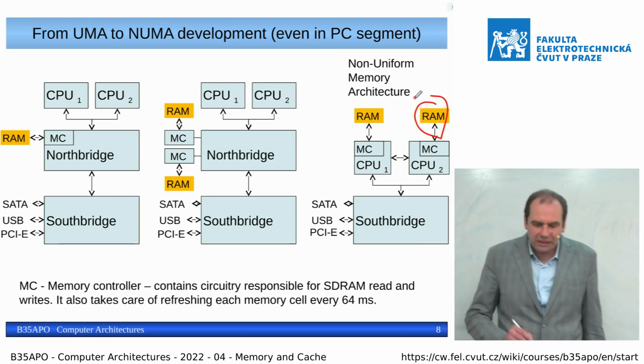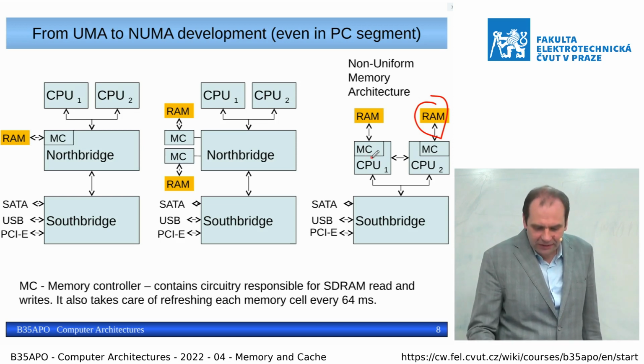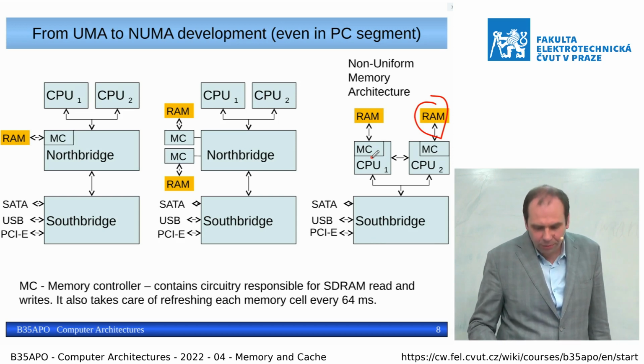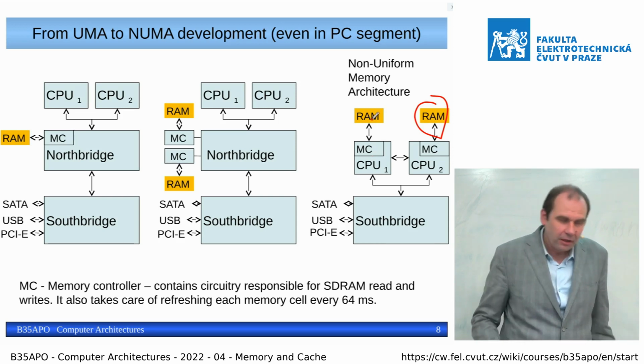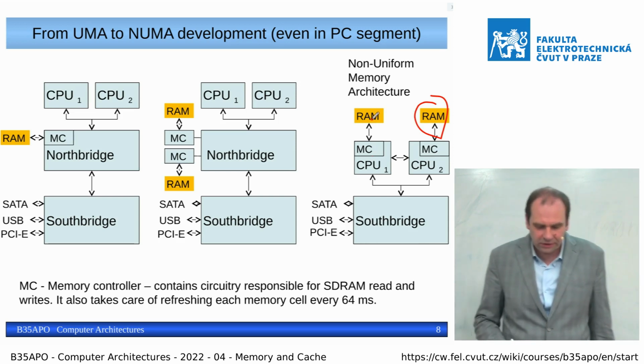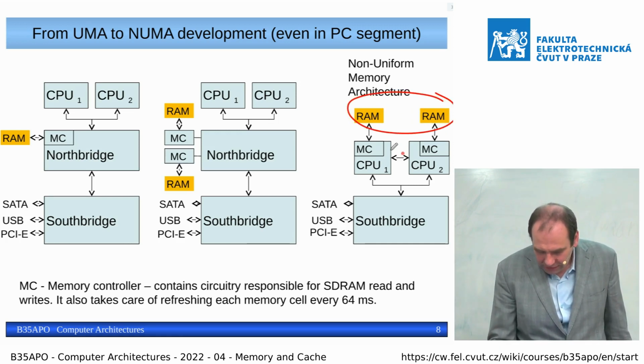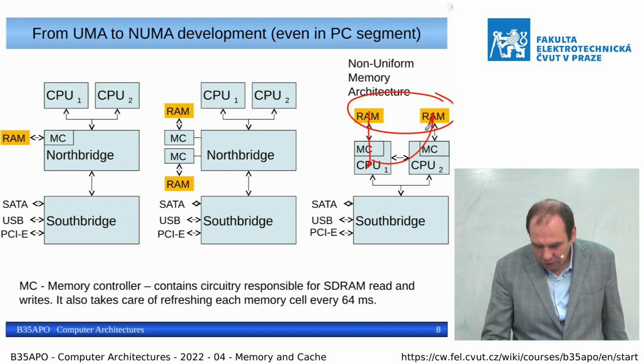So this means that we are getting with PC-grade computers to the area of supercomputers, because it was a common setup even for supercomputers earlier, where we have a single address space. So basically, we can access from each CPU all address space in all memory.